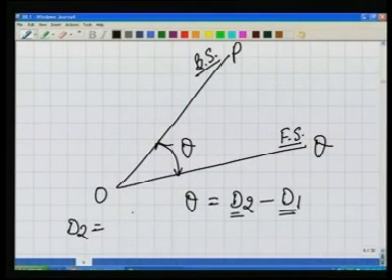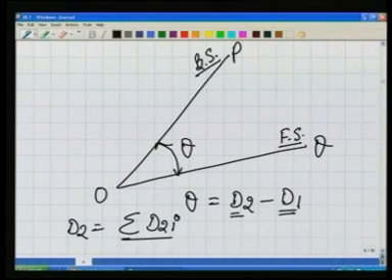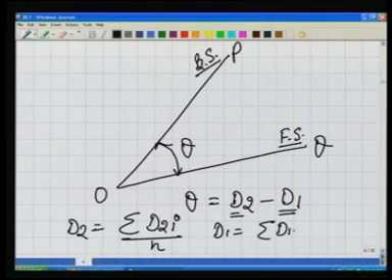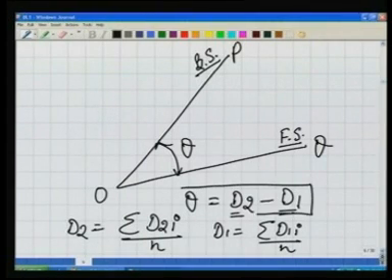So I can write D2 as sigma D2i by n, as well as D1 as sigma D1i by n. I will explain these terms in a moment. Why am I writing it this way? Because here, as you see, theta is D2 minus D1, the average of all the foresights minus the average of all the backsights. This is what we do in reiteration, which gives me the angle theta.